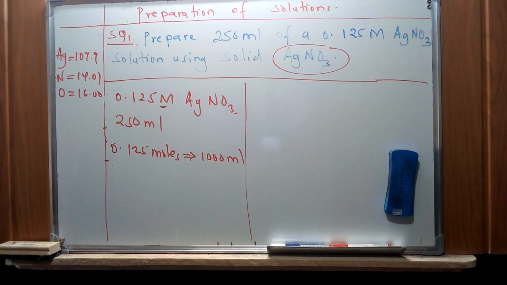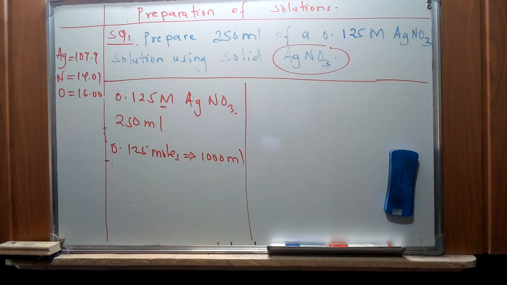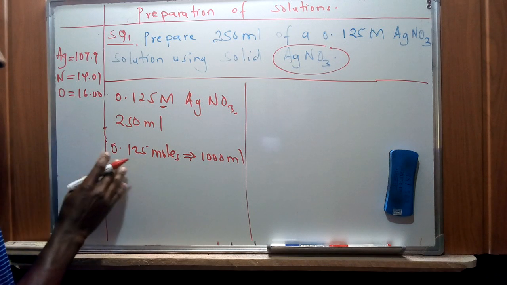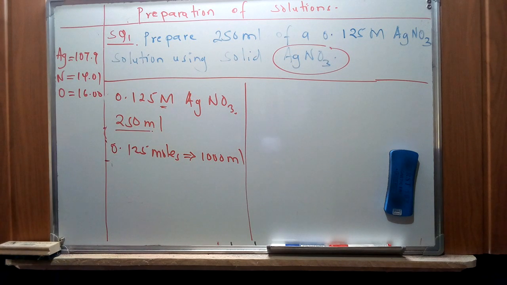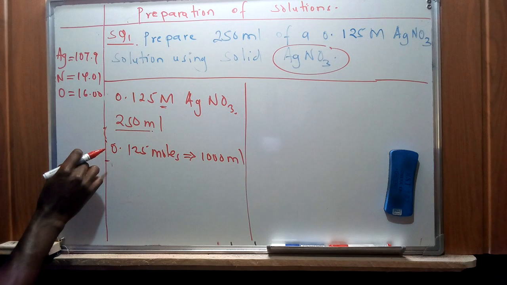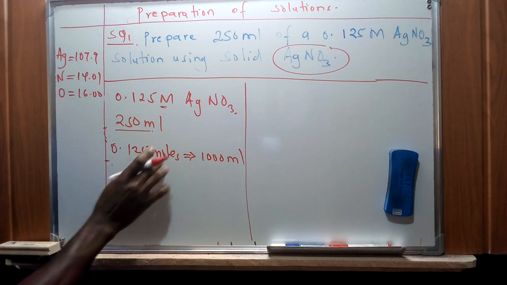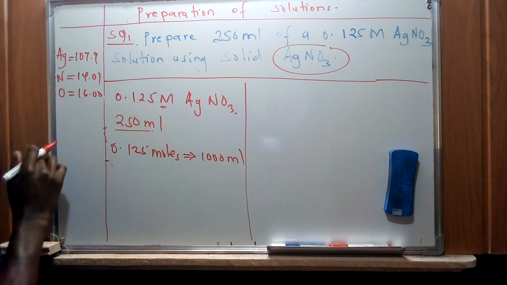So in this case, we can find the amount of moles that can be found in 250 ml of this particular solution, given that 0.125 molar implies 0.125 moles in 1000 ml.